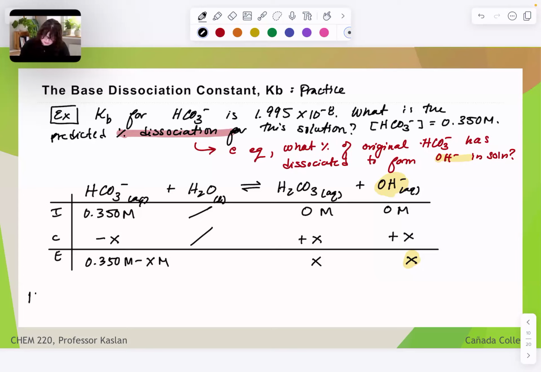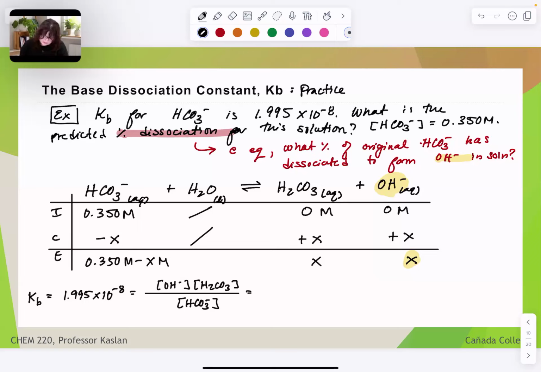So let's look at our KB expression. KB has a value given to us, 1.995 times 10 to the negative 8. And this is going to be equal to products over reactants. Products here are dissociation products, so concentration hydroxide times concentration H2CO3 over concentration HCO3.